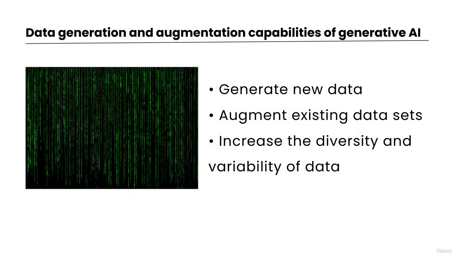Now let us explore the data generation and augmentation capabilities of generative AI. Generative models can generate new data and augment existing datasets. Generating synthetic data helps increase the diversity and variability of the data, leading to more robust and effective performance.